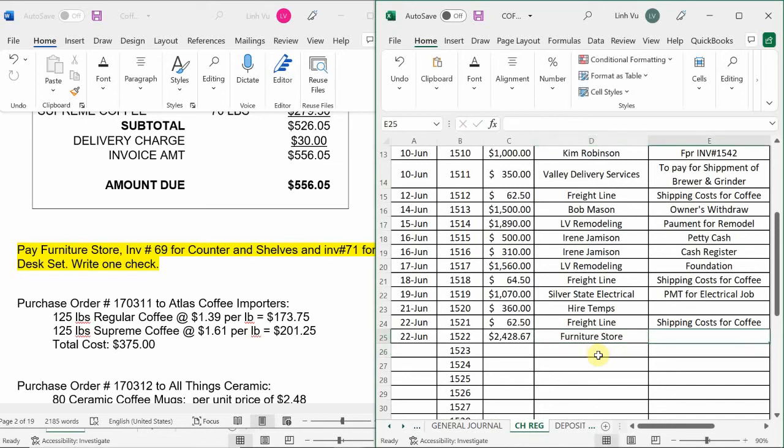Okay? Why am I paying furniture store? Because we purchased from them. Yes, but why am I paying them now? Why did I write this check? You need a reason why you wrote this check. What am I paying for? We're paying for counter, shelves, and desk.